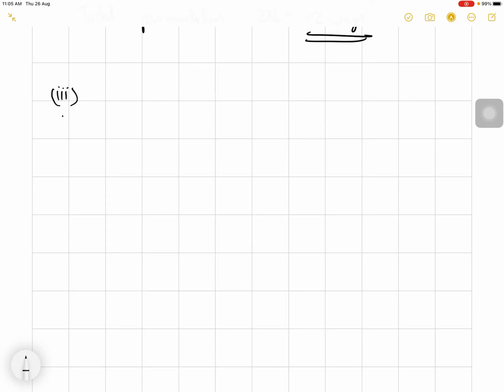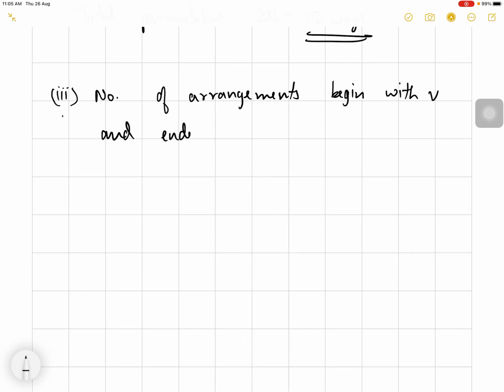So number of arrangements that begin with V and end with L. Okay, so there are 5 places.